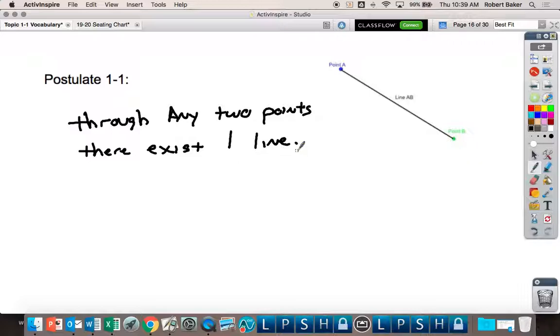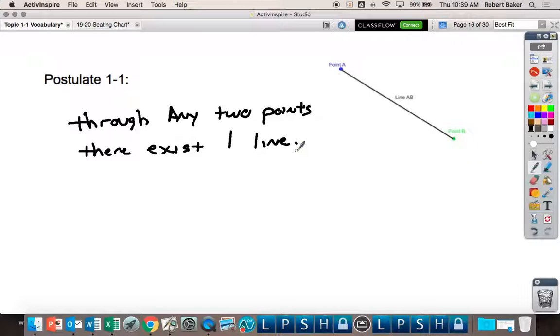Period. Now, we're calling that a postulate, and we said earlier, postulates and axioms are really what? Assumptions. You just have to believe that it's true.